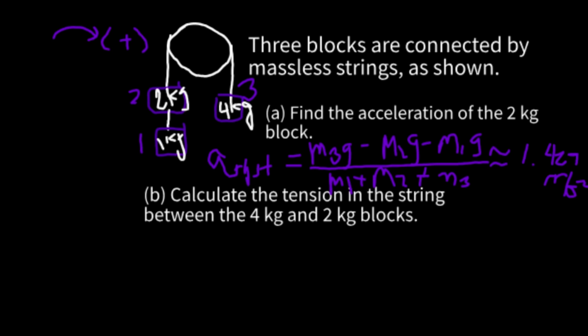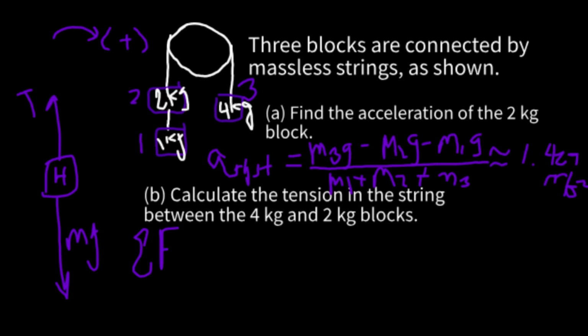Alright, now we want the tension in the string between the 4 and 2 kilogram blocks. To do that, I'm going to start by drawing a free body diagram for our 4 kilogram block. So you're going to have a force of tension up and a weight force down. Notice that the weight force is larger than the tension force because the block is accelerating downwards, so tension is less than its weight. So we sum our forces on block 3, and I did choose block 4 because block 2 would be more difficult, if not impossible, with those 2 tensions and its weight.